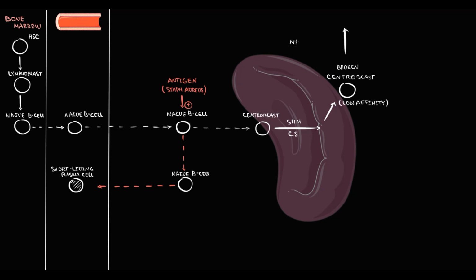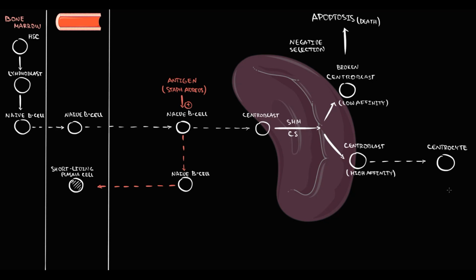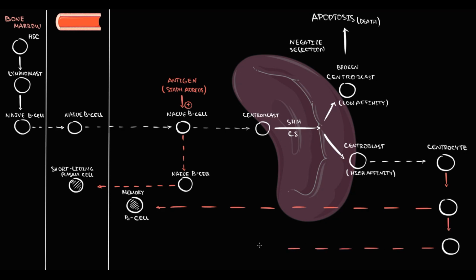Such cells undergo negative selection that results in their death. But also, somatic hypermutation and class switching produce centroblasts with high affinity to antigen. These high affinity centroblasts differentiate into centrocytes, and from centrocytes we can form memory B cells that remain in the spleen, and also we can form long-living plasma cells that will enter into the bloodstream.